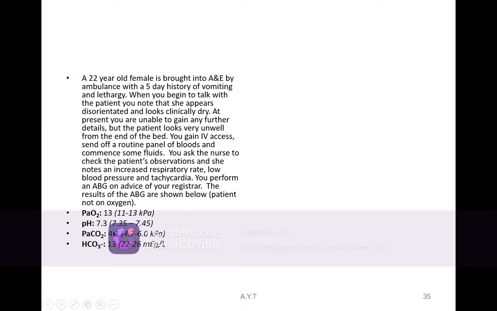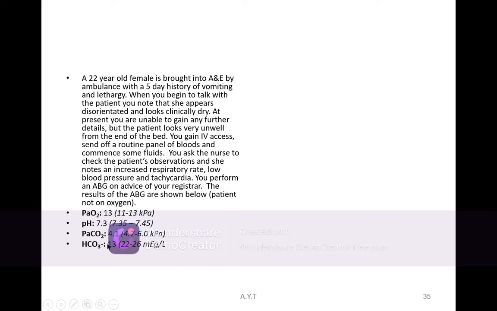If it is lowered, PaCO2, first of all, look at this. If it is lowered, it means that the blood has exhaled carbon dioxide and the carbon dioxide levels are decreased. The pH should be on the alkaline side, not on the acidic side. But look at this, it is 13.